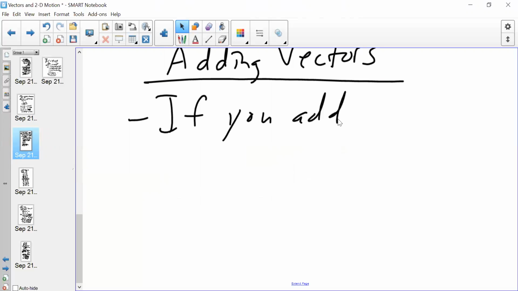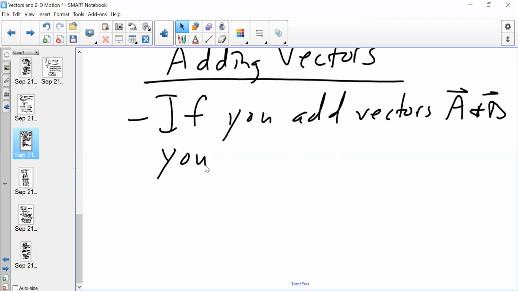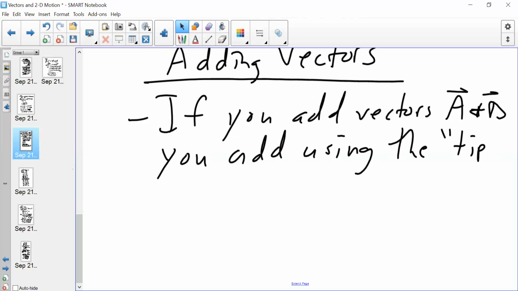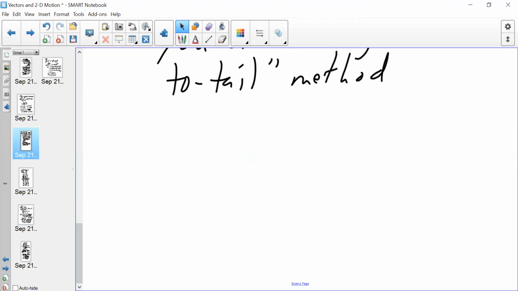So if you add vectors A and B, right, I use a simple method called the tip to tail method. Let's see what that looks like. Age-old method.